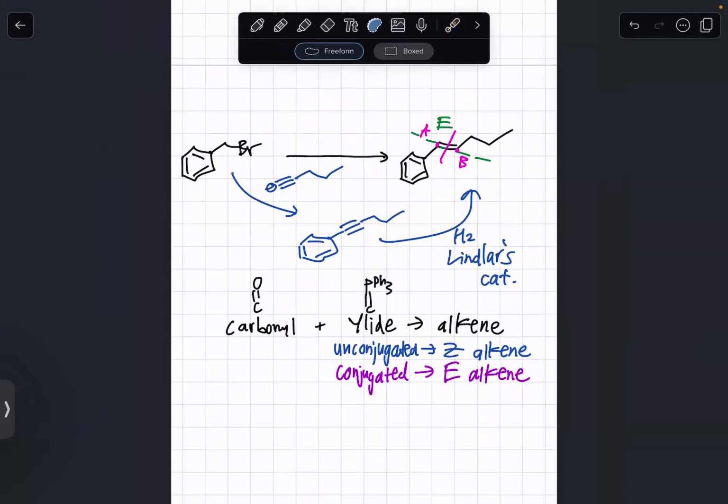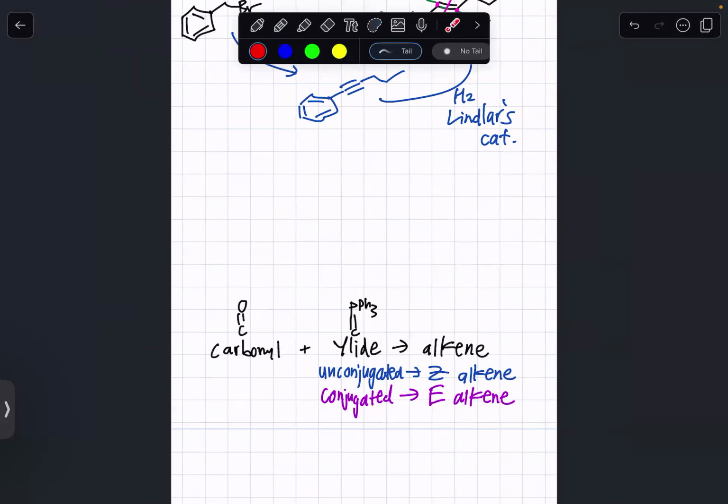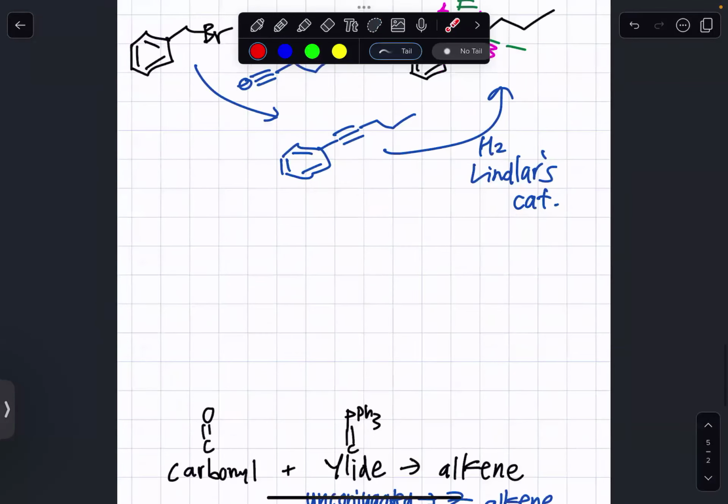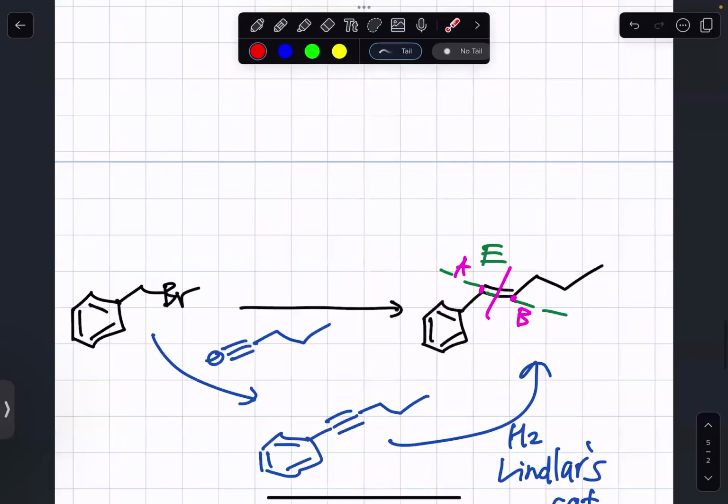Would it be A for carbonyl? Right. So we have an E alkene, where we want the ylide to be conjugated. So A is conjugated, right?